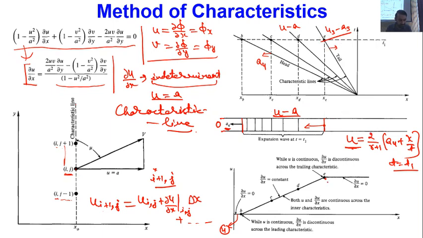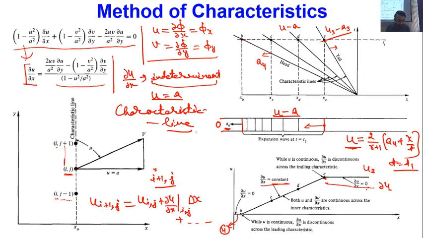Point T is the tail point, and after this point my velocity was constant u3 in region 3. So in this region del u by del x is 0, and in region 4 also del u by del x is 0. But in between, in the spectrum from point B to point C, I have linear variation of the velocity, so del u by del x will be constant.